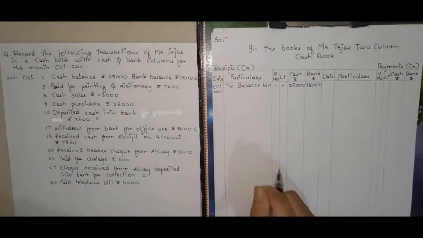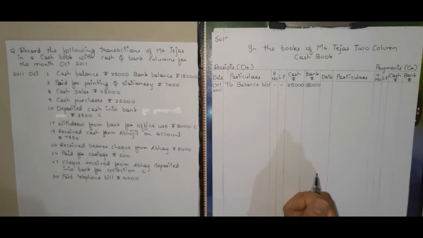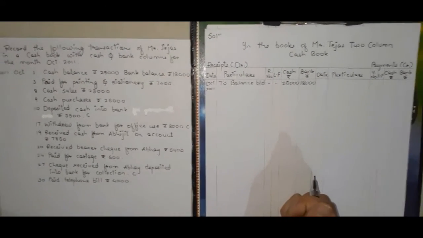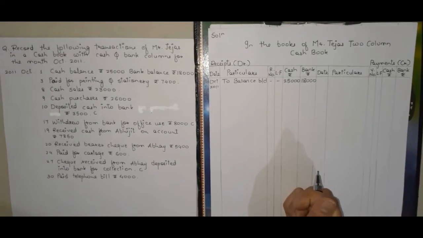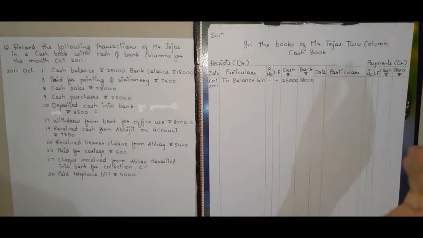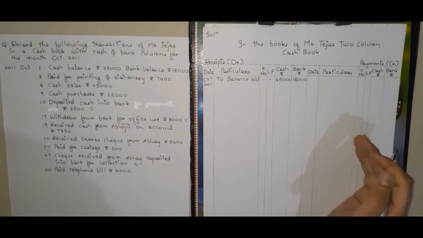Next one, on the 3rd of October, paid for printing and stationery rupees 7,400. So this is a payment transaction. We are paying this amount for printing and stationery, so this transaction we have to write down on the payment side. So on the right hand side we are going to write down this transaction.